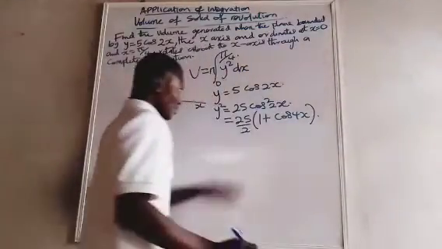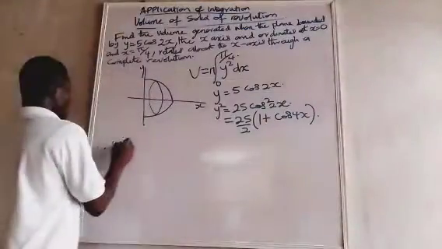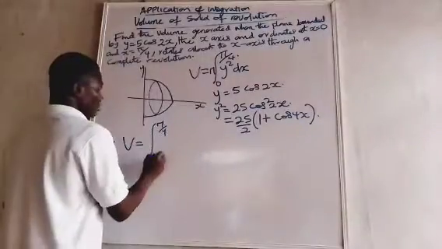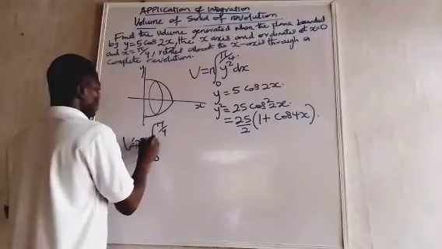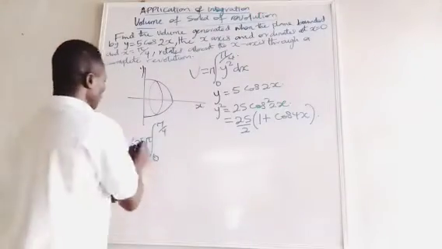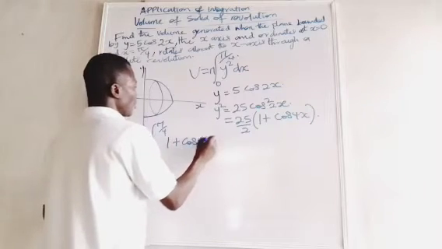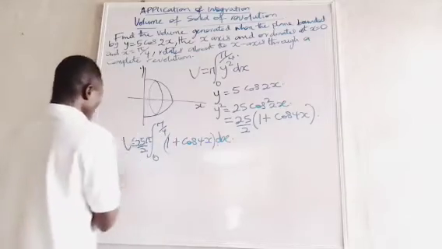So we have gotten our expression for y squared. Therefore, V is going to be the integral from 0 to pi over 4 of 25 pi over 2 into 1 plus cos 4x dx. So we integrate everything here. So it's going to be easier from here.